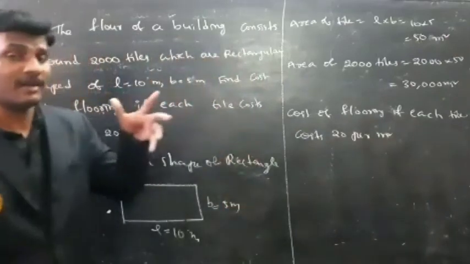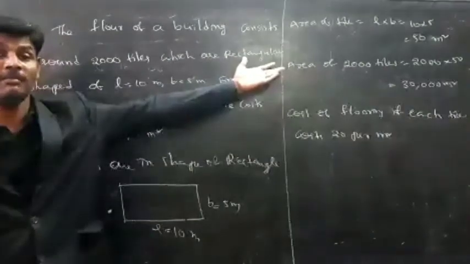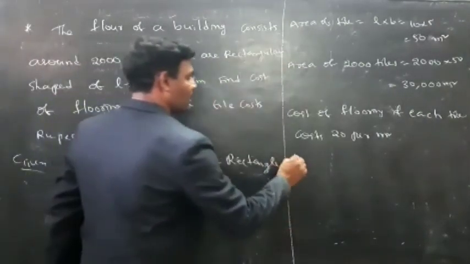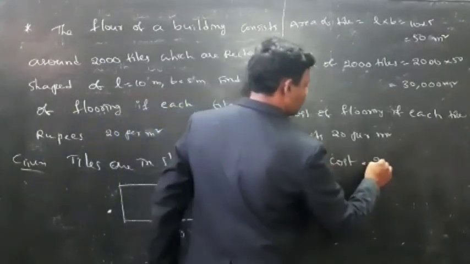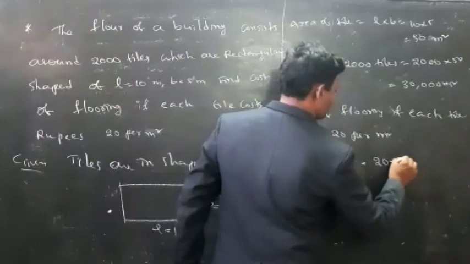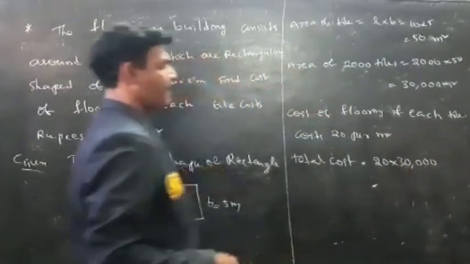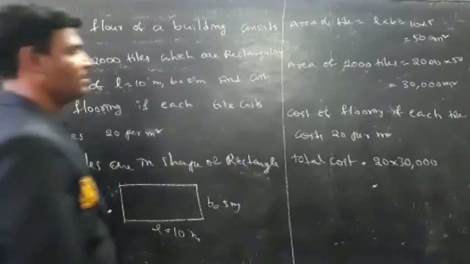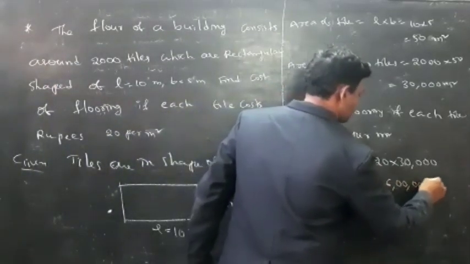So per 1 meter square, what is the cost here? 20 rupees. Here, how many meters square are there in total? 30,000 meters square. So the total cost is equal to 20 into 30,000. It is nothing but 6 lakh rupees.